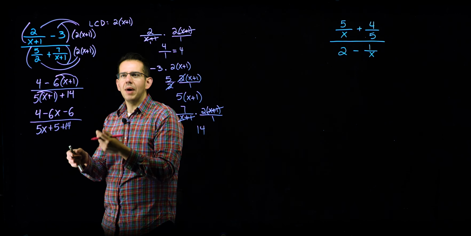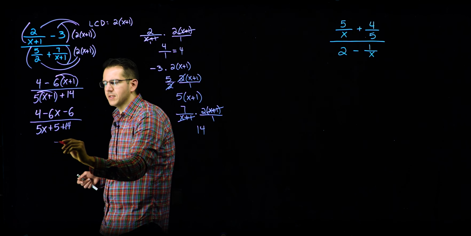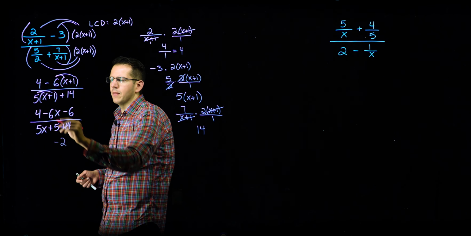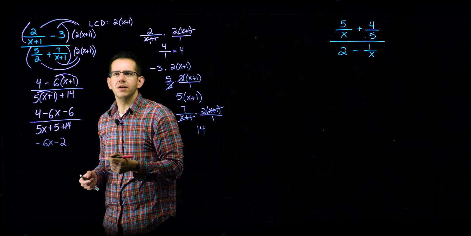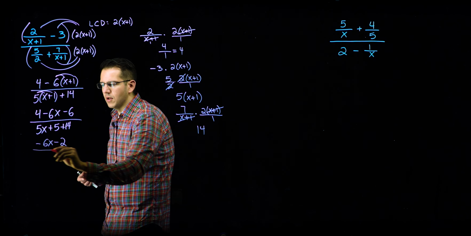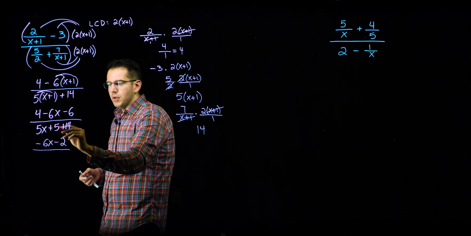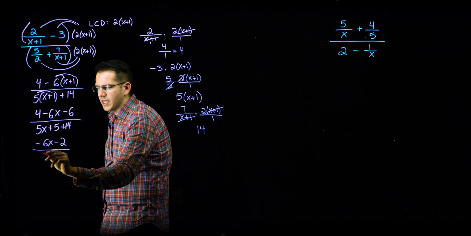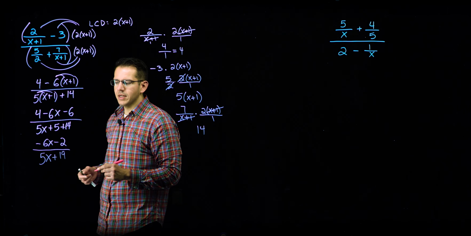Now we can combine like terms. We have a 4 minus 6 gives us -2. And I'll write this minus 6x to the left. It's always a good idea to order by exponents on your variables, so I'm putting the x first. And I'll put that over 5x plus 5 plus 14 gives us 5x plus 19 when we combine our like terms.